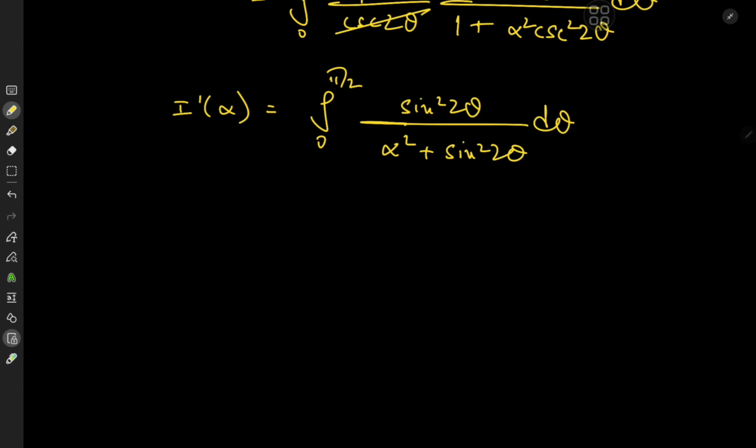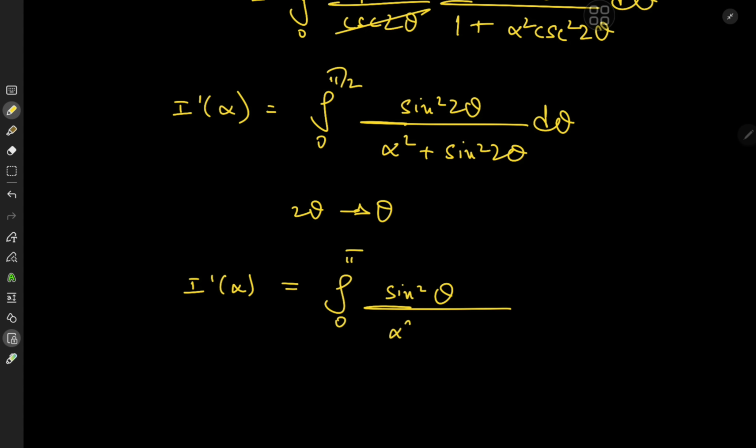Now we could make the obvious transformation from the 2 theta to the theta realm, and that would be nice because now we have I prime of alpha defined as 1/2 times the integral from 0 to 2 times pi over 2, which is supposed to be pi, of sine squared theta over alpha squared plus sine squared theta, and d theta should be chopped in half.